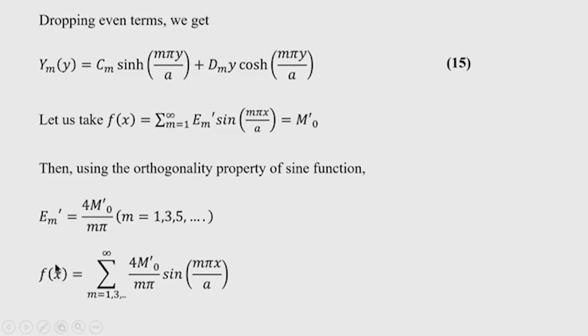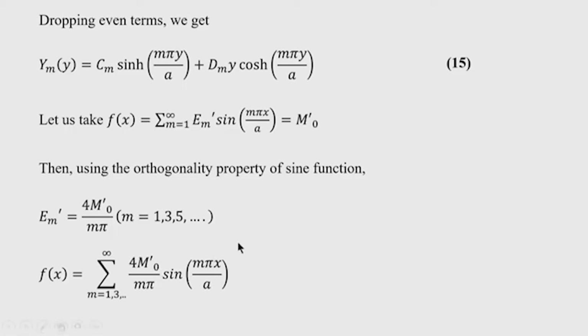Therefore, even terms will not contribute to the Fourier series, only odd terms will, as was shown in the case of the symmetrical loading also. So, the distributed moment f x can be expressed as a series 4 m prime naught divided by m pi into sin m pi x by a. Now, one thing you observe is that this quantity m prime naught is a known quantity.